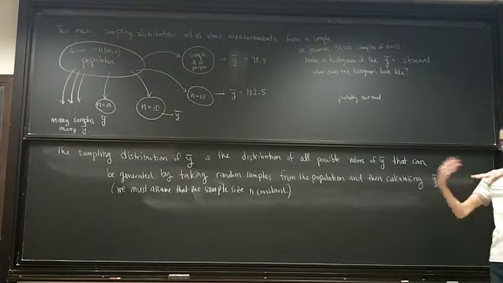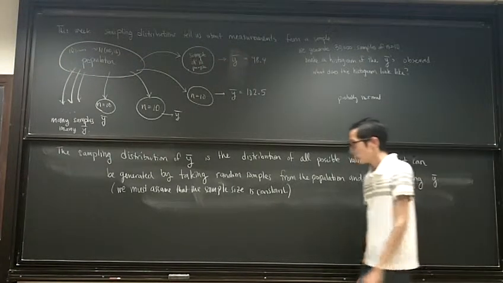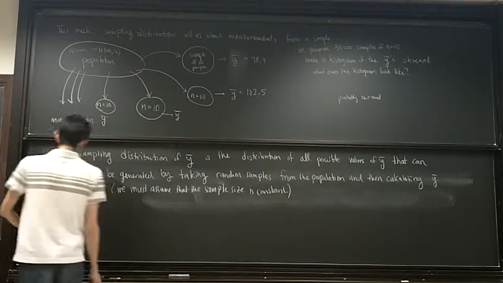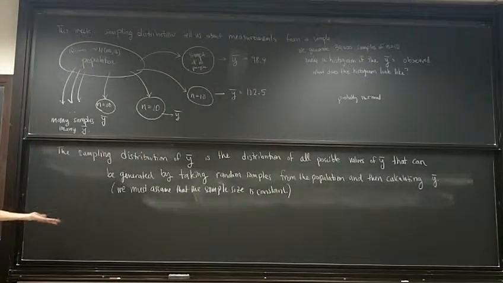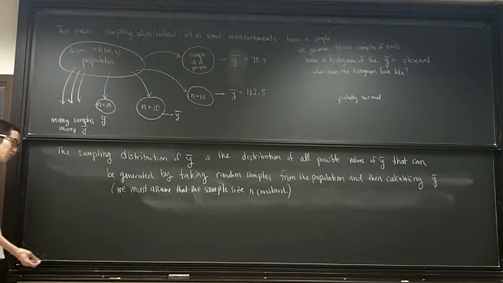So you can't mix sample sizes and talk about the same sampling distribution. If you change the sample size, you get a totally different sampling distribution. What we saw was that at a certain point, the sampling distributions looked like a normal distribution, and that's known as the central limit theorem.